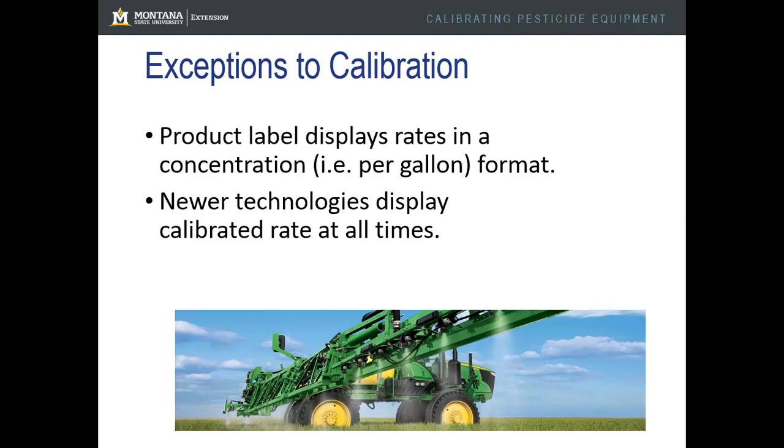Applicators should still check their pesticide equipment once per year to assure all components are working properly. Newer technologies often have flow regulators that deliver the calibrated rate live to the pesticide applicator. This can be adjusted digitally.